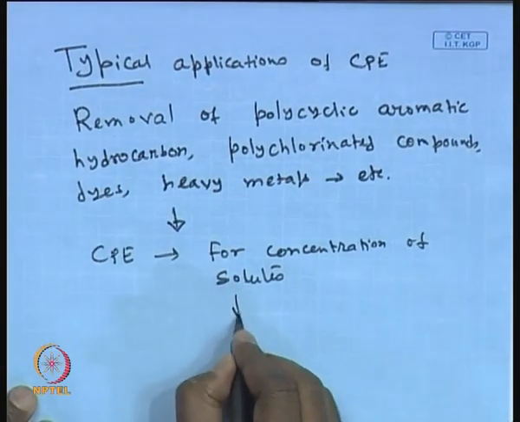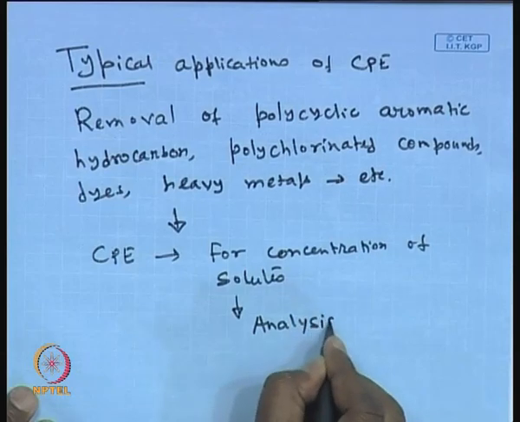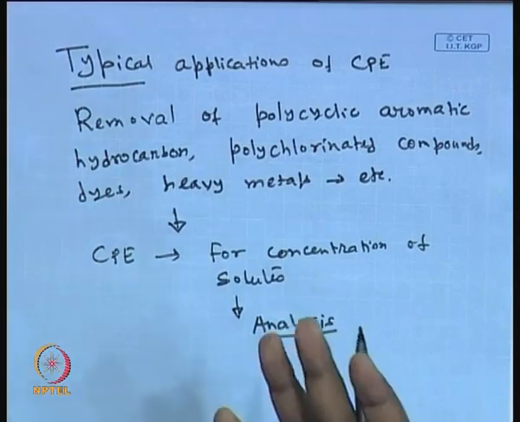So, this has a tremendous implication in analysis. What is the implication? If you have a dilute solution of a particular pollutant, then it is very difficult to measure its concentration quantitatively using an instrument, for example, a UV spectrophotometer or HPLC. But if you can increase the concentration, it will be much easier to detect it via an instrument.